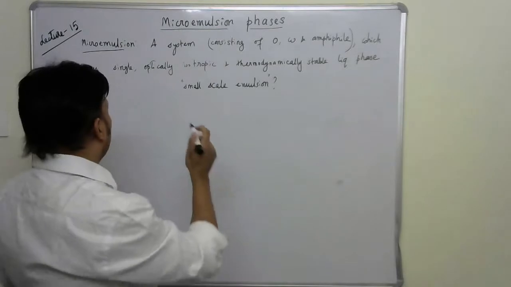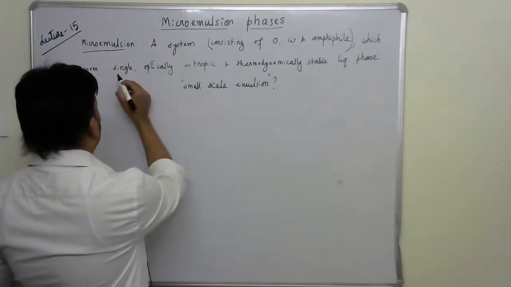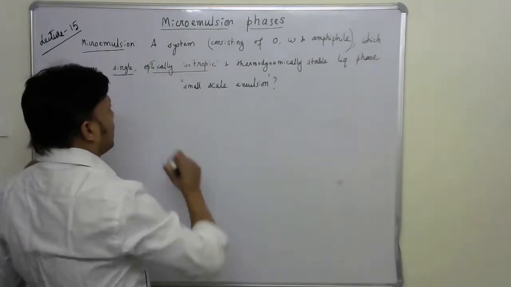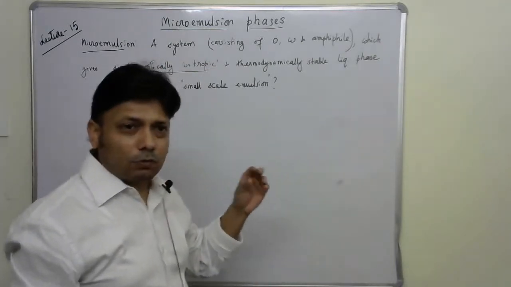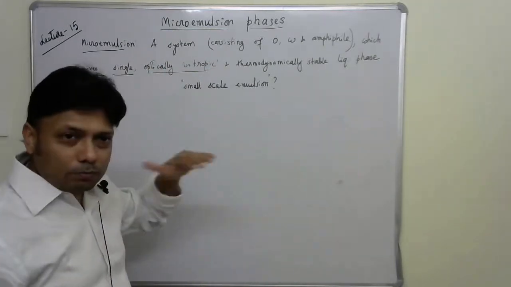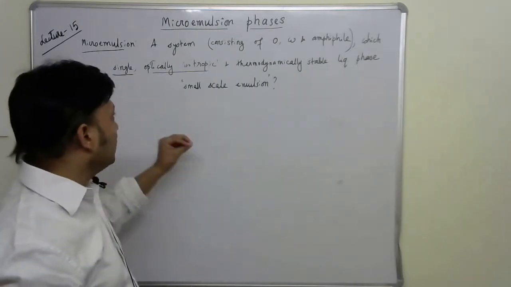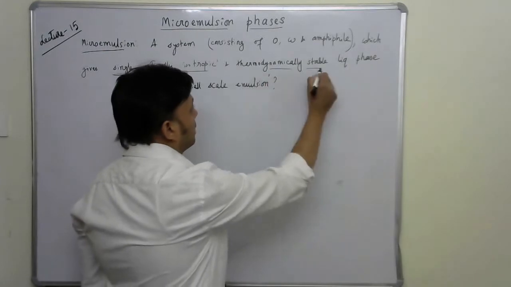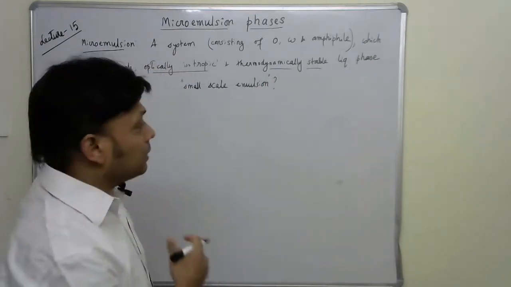The most distinct feature is that it gives a single, optically isotropic phase. That means if we do some optical analysis, we will only see a uniform phase, which is also thermodynamically stable, as we have already discussed in the earlier lecture.